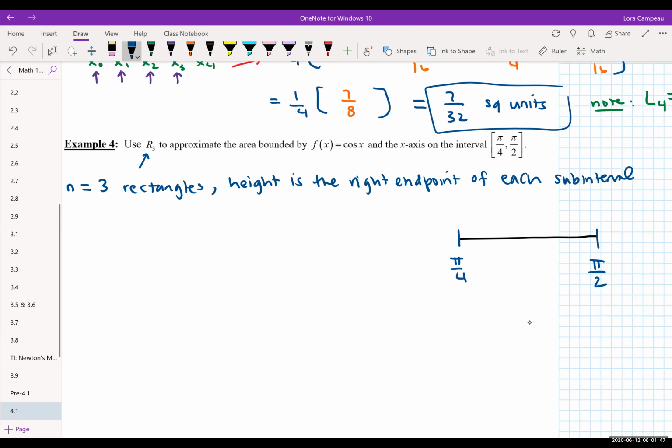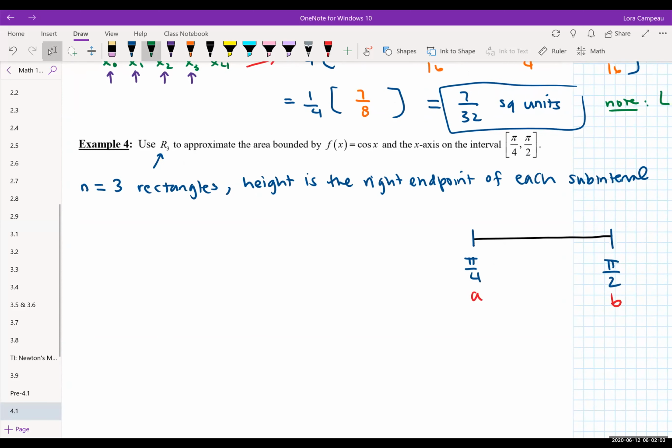And so, yes, that gives us who is a and who is b. But if you're using x sub 0 or x sub i notation, think about it this way. We're breaking it up into 3 rectangles. So what we would do is just break this distance up into 3 different pieces as best as we can.